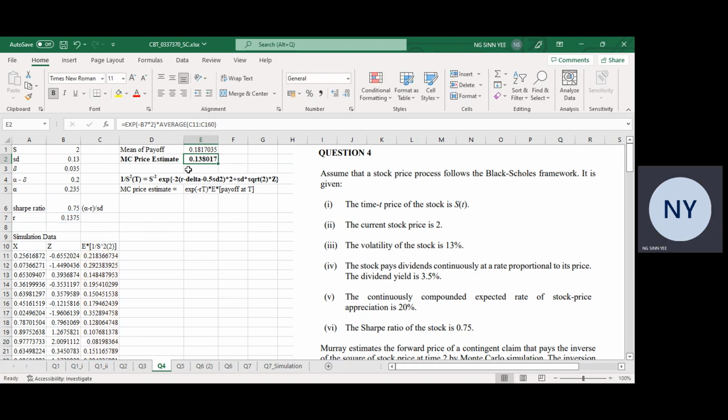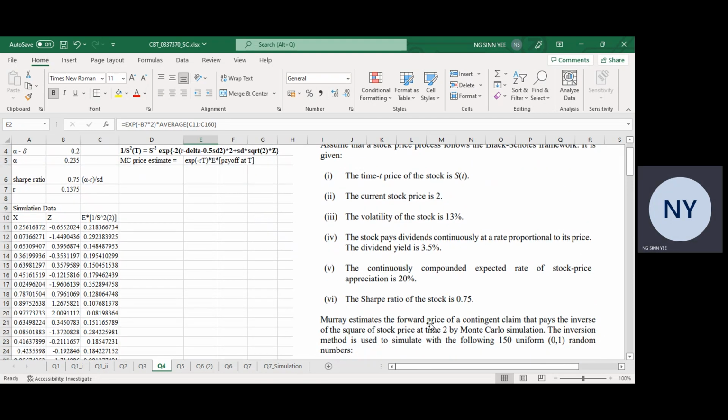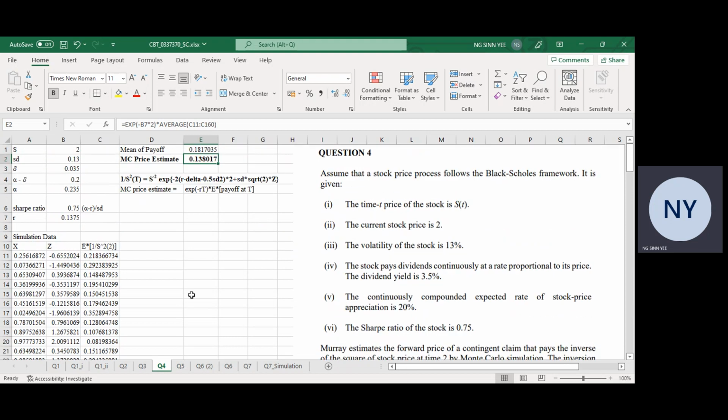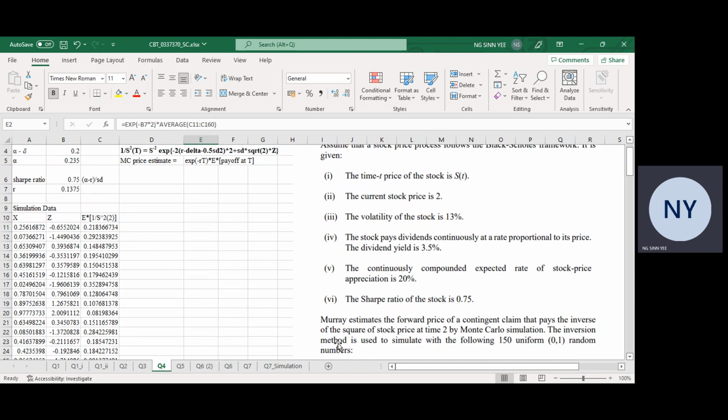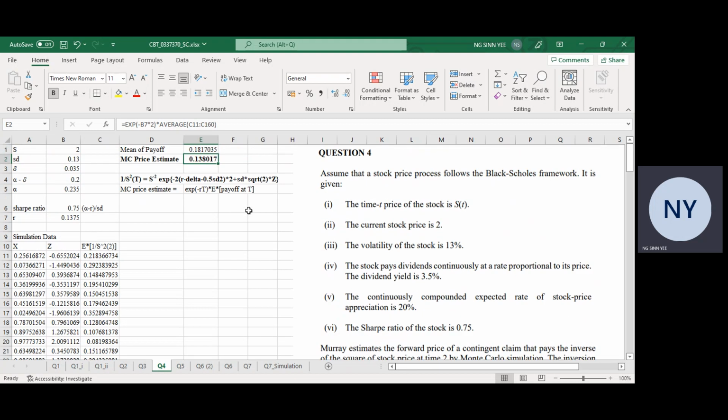And we will be getting the answer of the forward price of a contingent claim that pays the inverse of the square of stock price at time 2 by Monte Carlo estimate would be 0.138017.